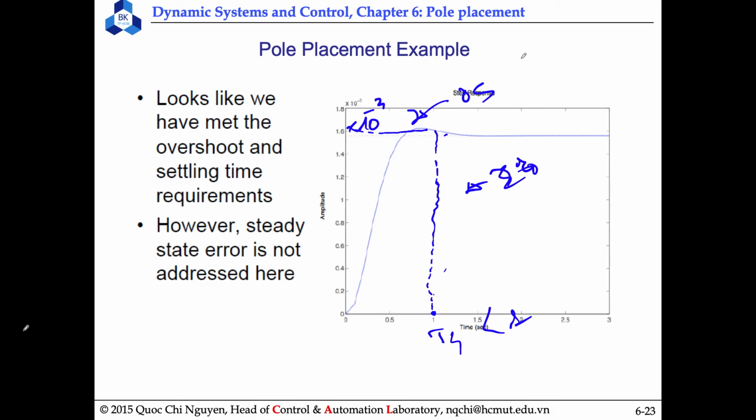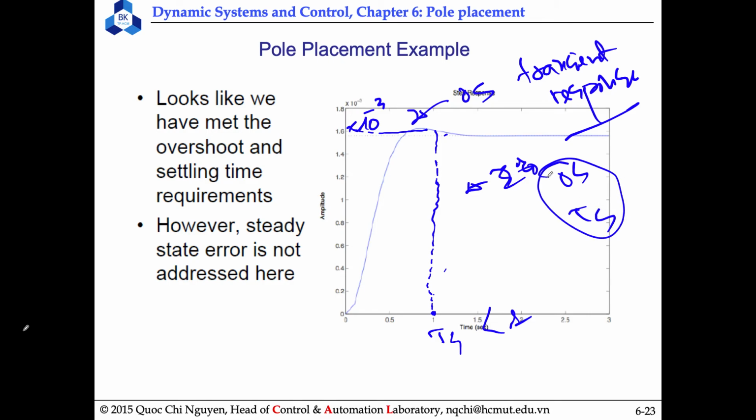So for the transient response, we already achieved the overshoot and settling time. That is our improvement in comparison with the classical control of the feedback controller, right?